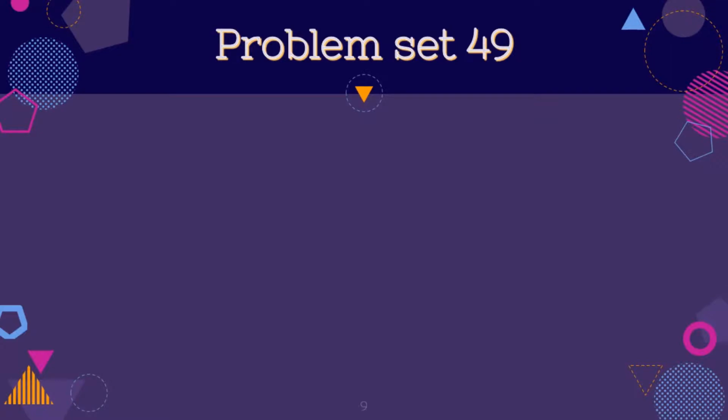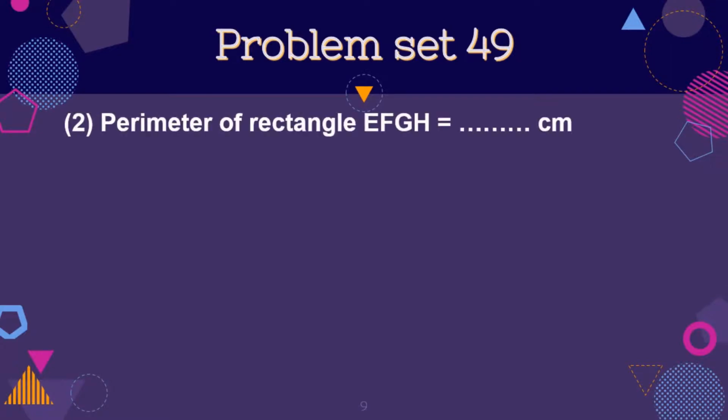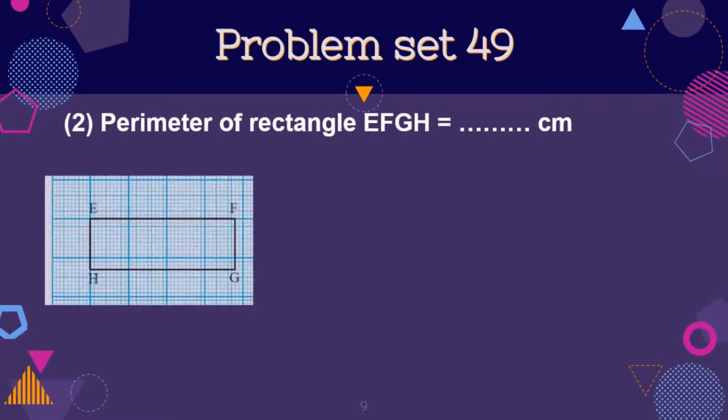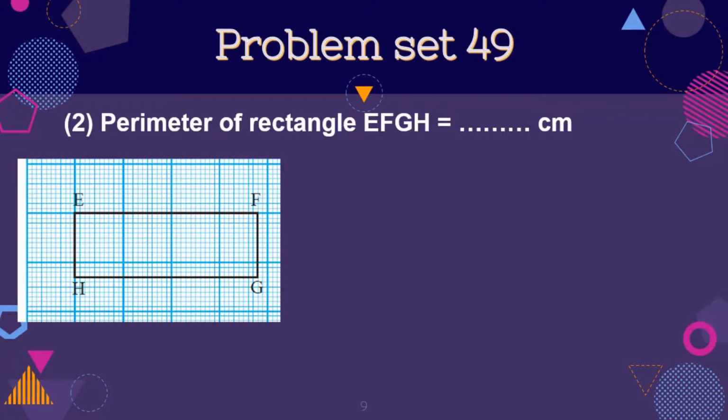We have next rectangle EFGH on the graph sheet. So let us calculate its perimeter. For that, we need to know the length and the breadth of this rectangle. So let us find out the length and the breadth using the lines on the graph sheet.